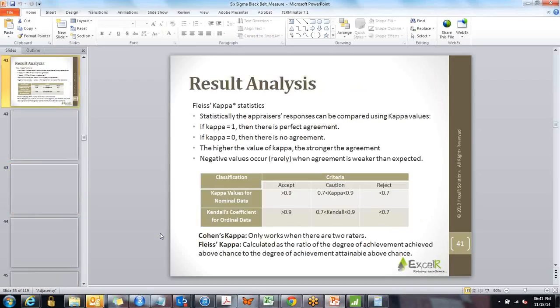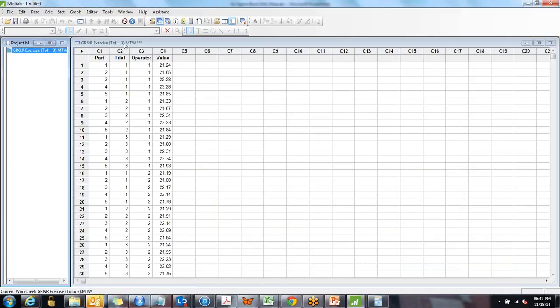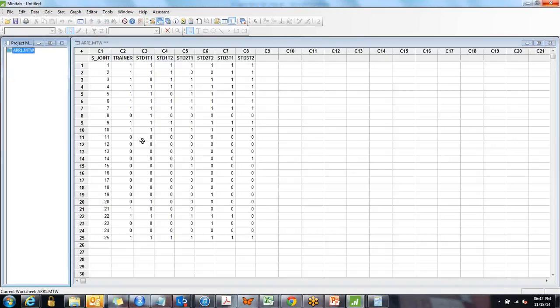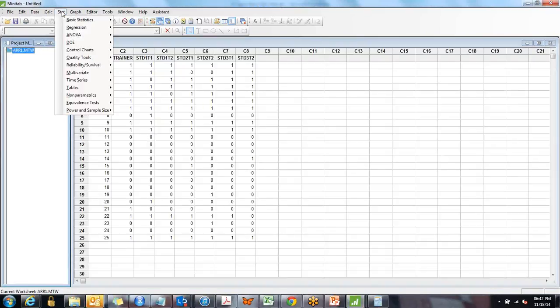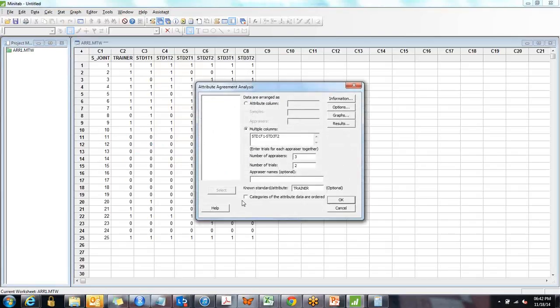Let me show that to you once. Was this the data? No. Attribute agreement analysis. Yeah, this is the data. So while doing this, I have told you that if you do attribute agreement analysis, there is this option called categories of the attribute data are ordinal, whether they are ordered or ordinal.